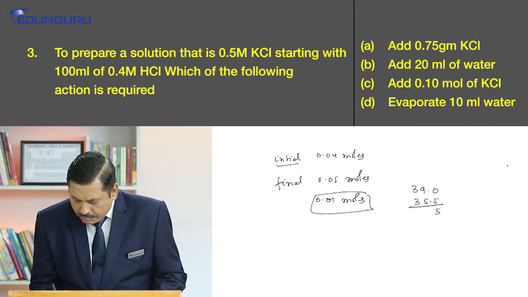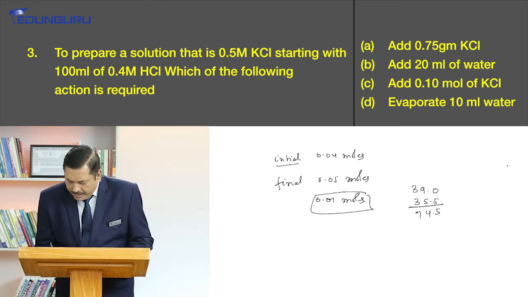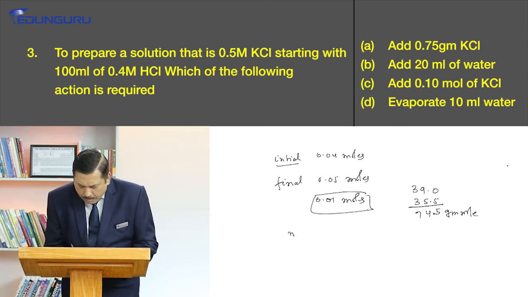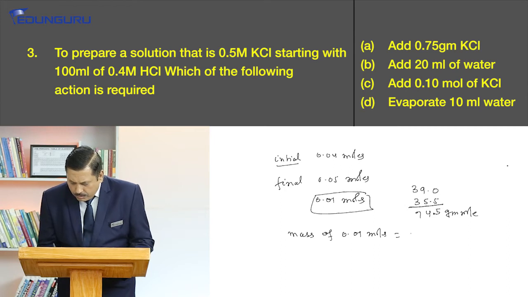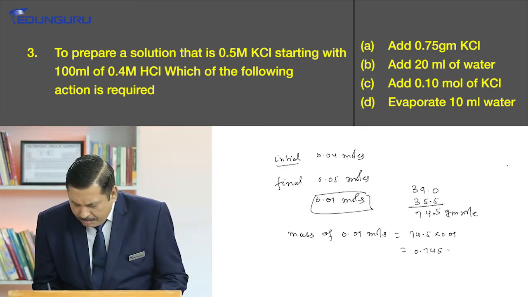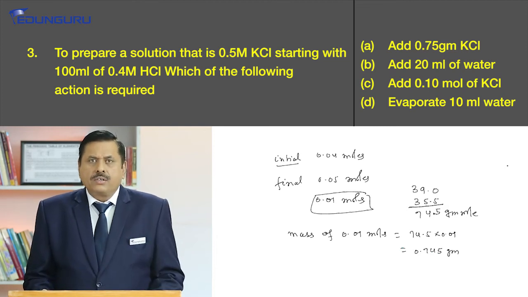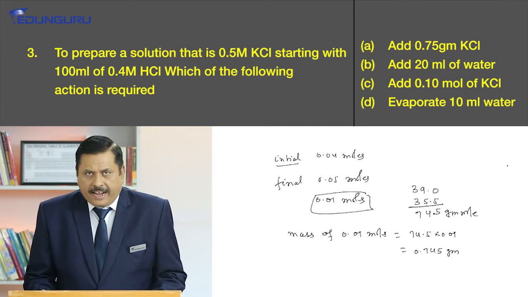So it is 74.5 gram per mole, and therefore the mass of 0.01 mole will be equal to 74.5 into 0.01, that is 0.745 gram. So the correct answer is option A.